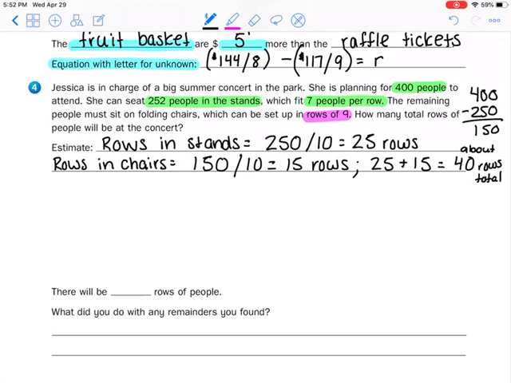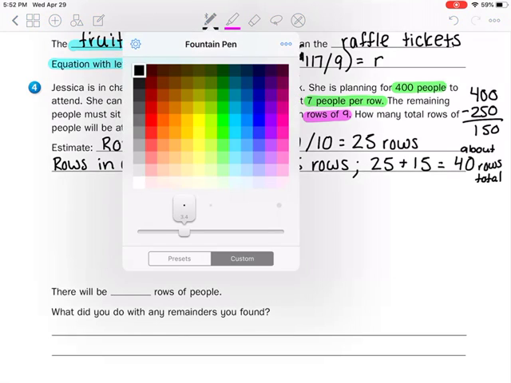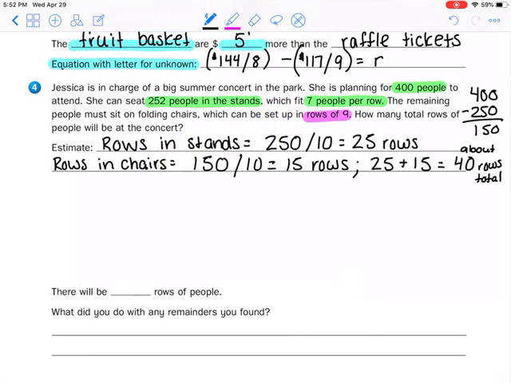Now, we know that that was just an estimate. That's not exact. So now we have to figure all of this out. So she has 400 people minus the 252 people she can fit in the stands. So we have to borrow. So this would become a 3, this would become a 10, which we then would change to a 9 to make this a 10.